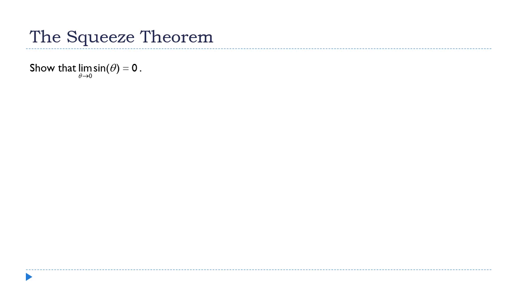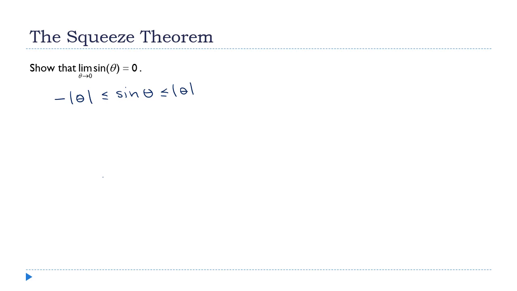So I'm looking at the limit of the sine of theta. So you brought trig functions into the party now, right? How are we going to handle trig functions? Well, I'm going to use a rule here. Negative absolute value of theta is less than or equal to sine theta is less than or equal to the absolute value of theta.